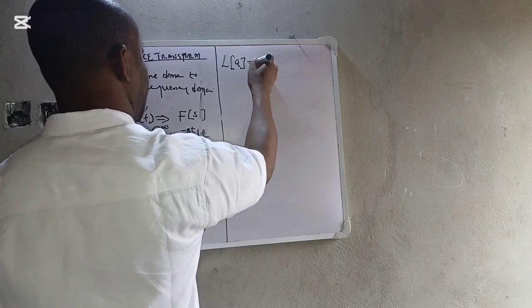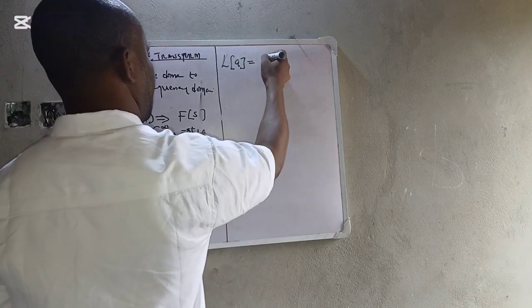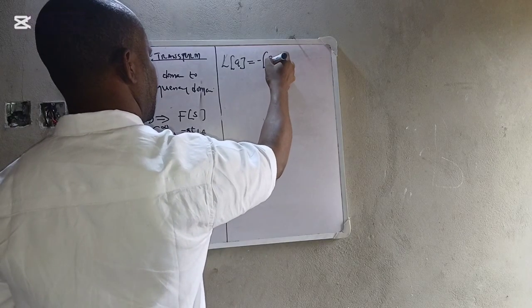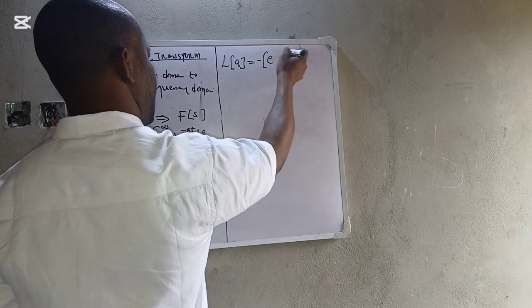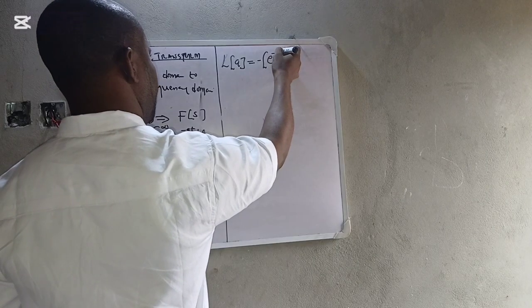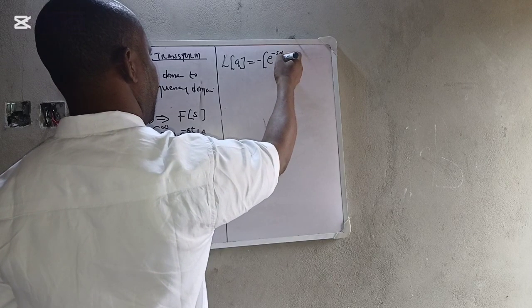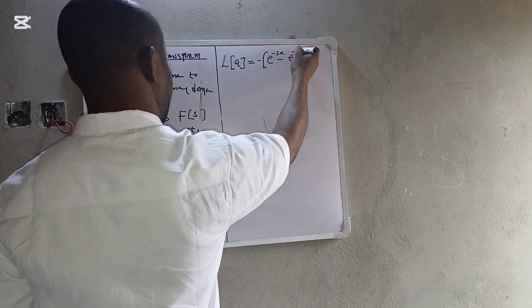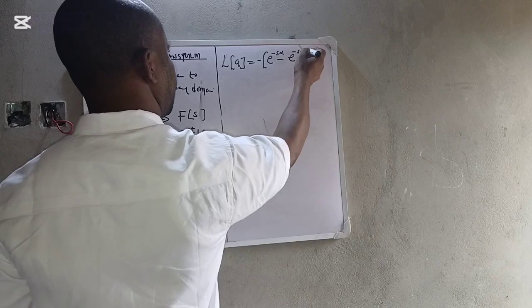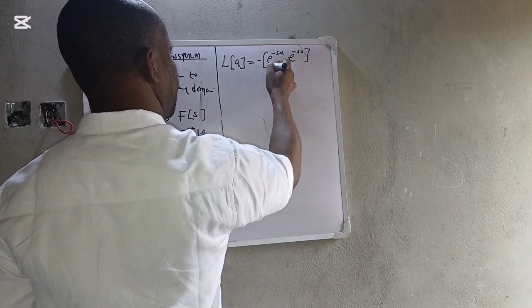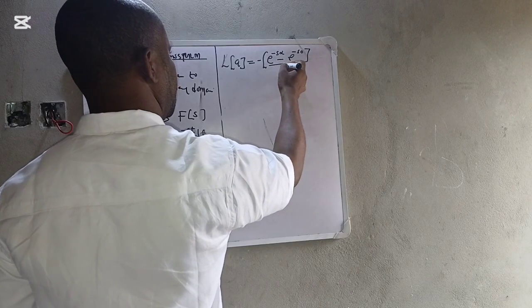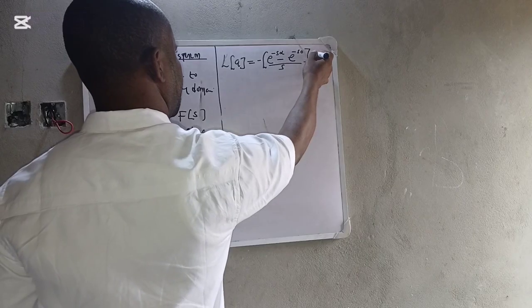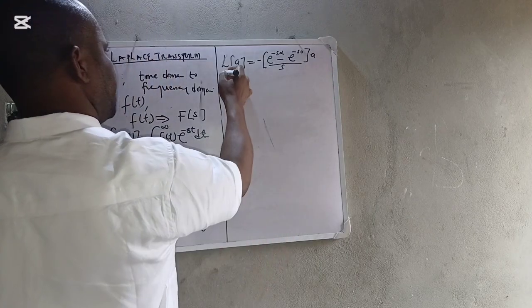So having done this, the Laplace transform becomes minus e to the minus s infinity, minus e to the minus s 0, divided by s, and a is there.